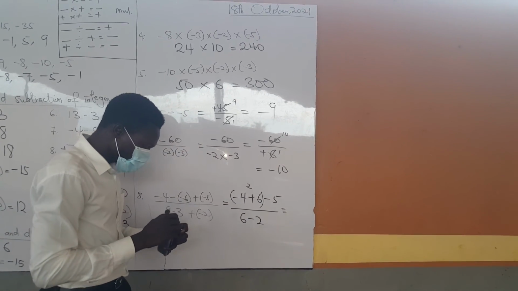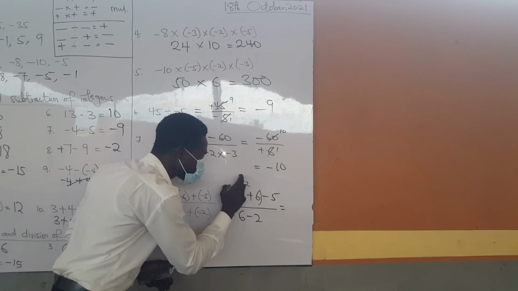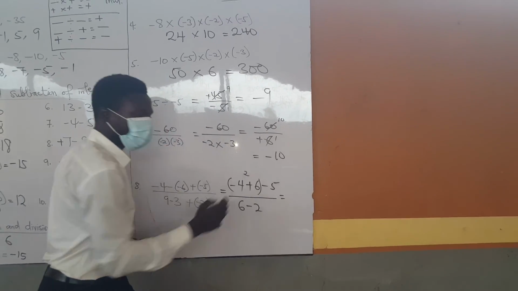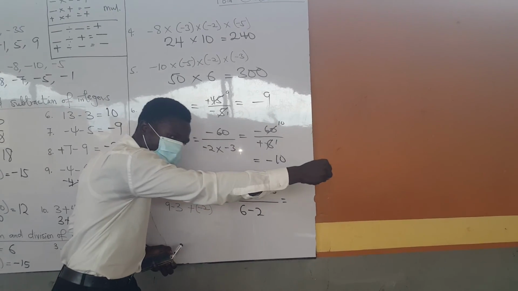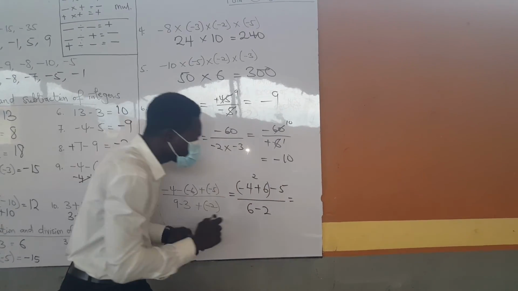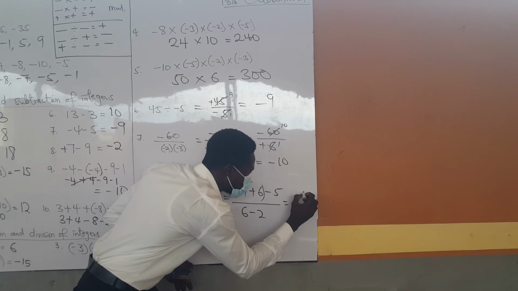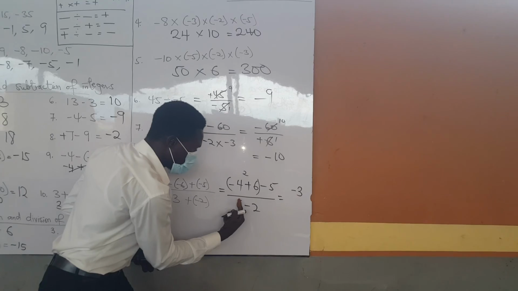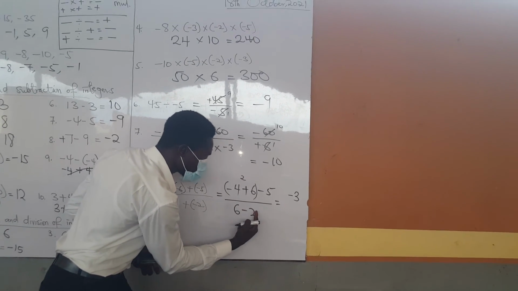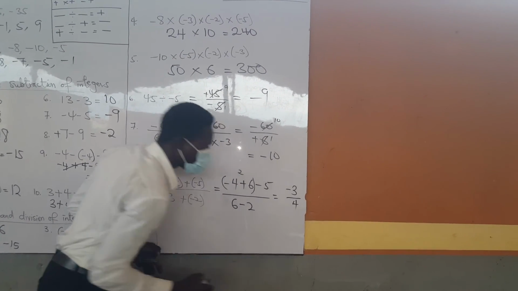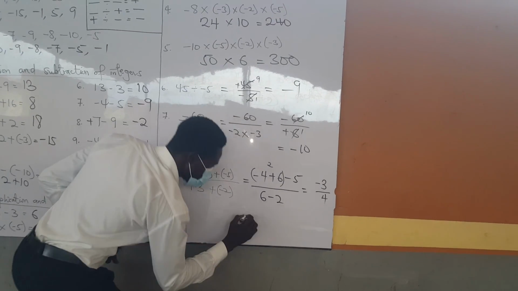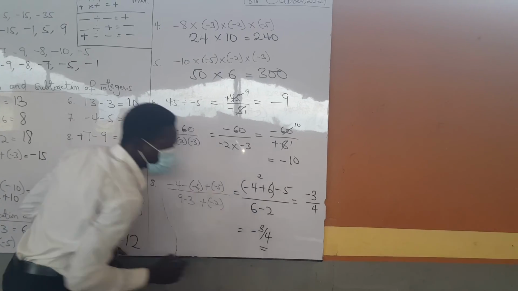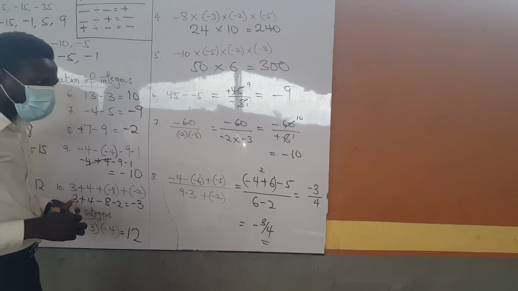So because we are not going to owe, it's going to be positive. So positive 2 minus 5. I owe 5, I have 2. So this is going to give me negative 3 for the numerator. Then when you come here, 6 minus 2 is going to give me 4. So solving for everything, we are going to have negative 3 over 4 as our final answer.